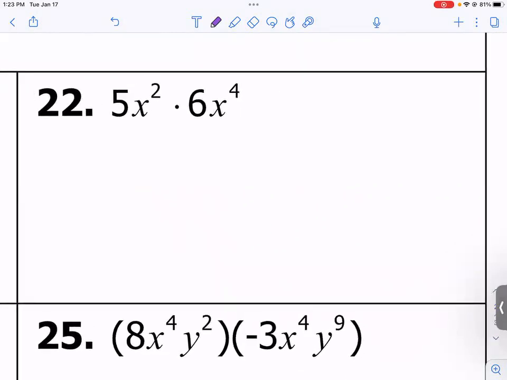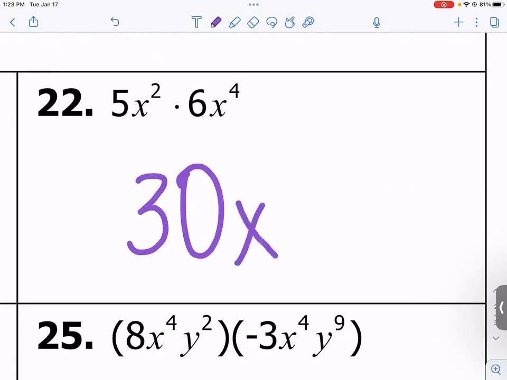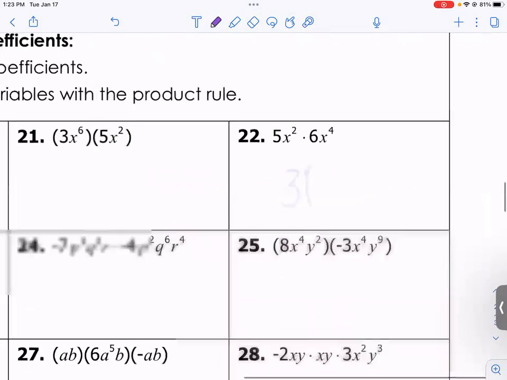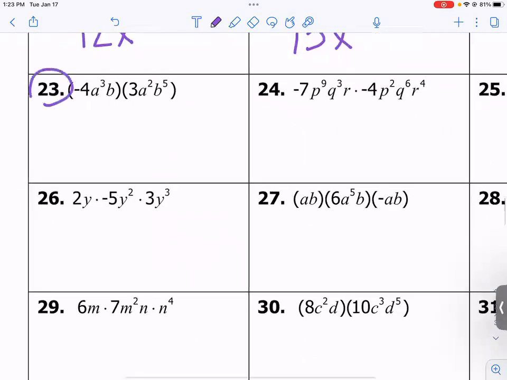This example, we're going to multiply 5 and 6. When we multiply x squared and x to the 4th, we get x to the 6th power. Okay. You and your elbow partner work together on 23 and 24. See what you can do for us.